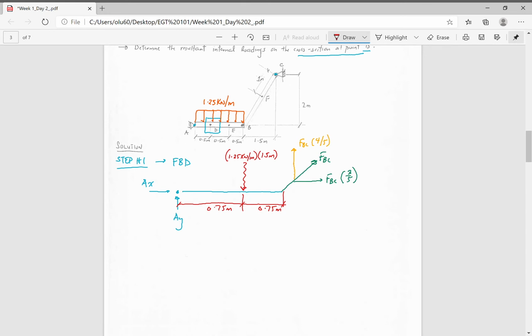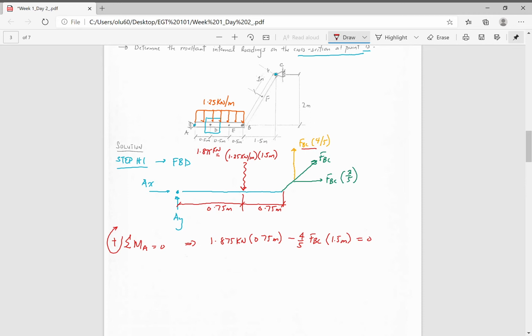Well, let me start off with the sum of the moments at point A. That's going to give us 1.875 kilonewtons by 0.75 meters, minus 4/5 FBC by 1.5 meters equals 0.